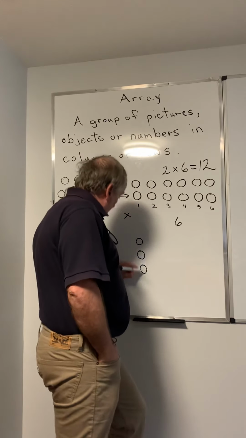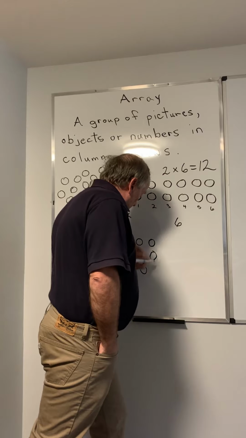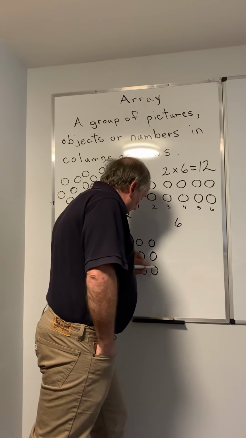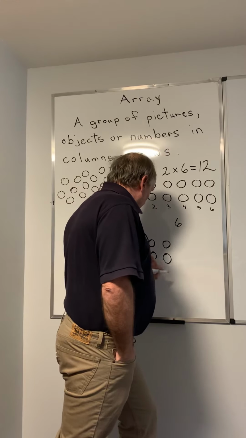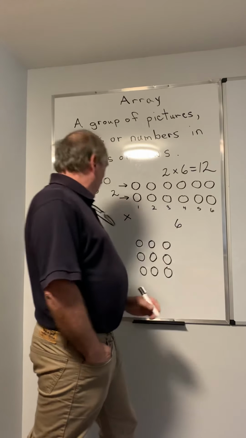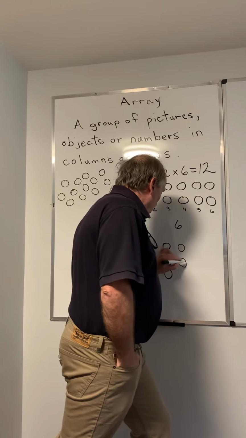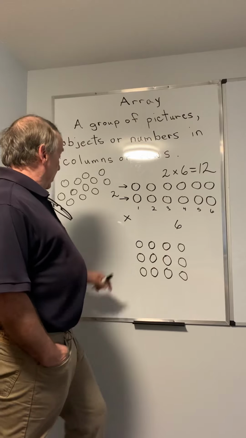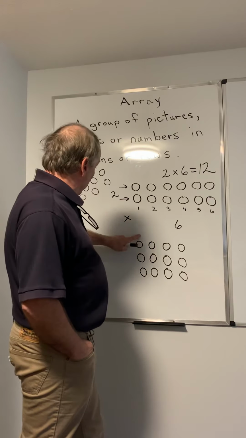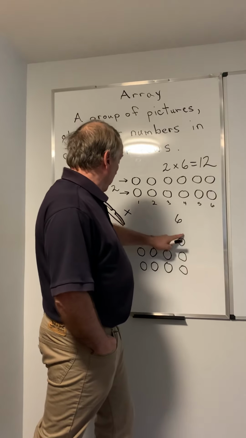So that's the first column. 1, 2, 3. That's the second column. 1, 2, 3. That's the third column. And 1, 2, 3. That is the fourth column. We got 1 column, 2 columns, 3 columns, 4 columns.